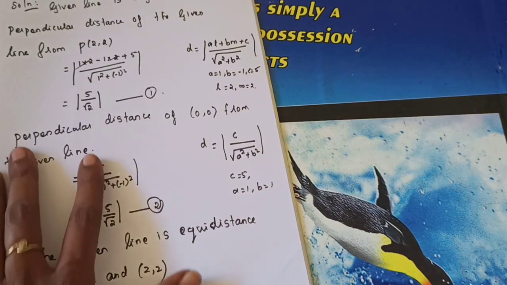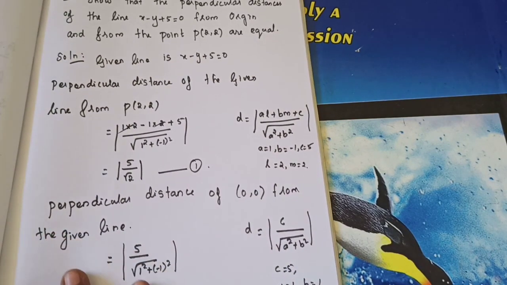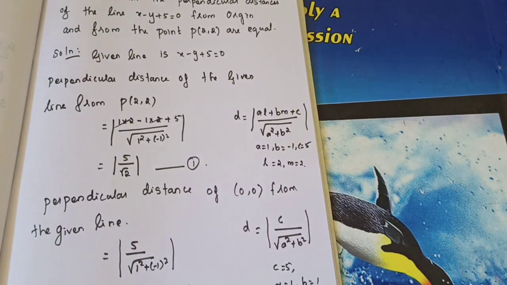Understand? Very easy. Both use different formulas. One formula I have taught for point to line, and one formula for origin to line. If we apply the two formulas, both the answers are equal. So you will say the given line is equidistant from the origin and the point. Got it? Okay, let's move to the next problem.